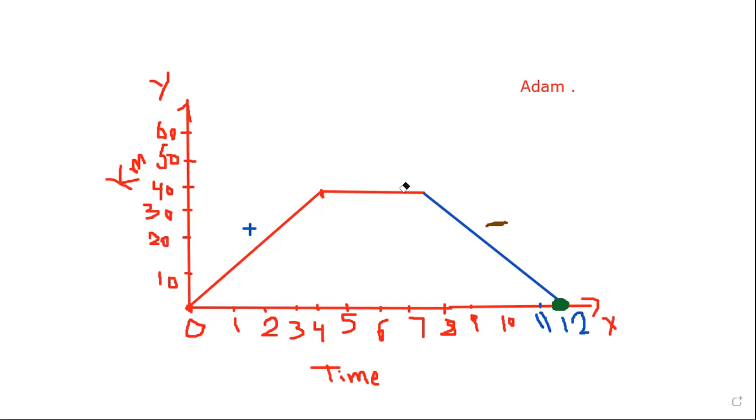Did you understand me? So once you have a graph like this, we can expect different questions according to the story. Number one, for each region, for each line segment, what does this represent? It depends on the story.